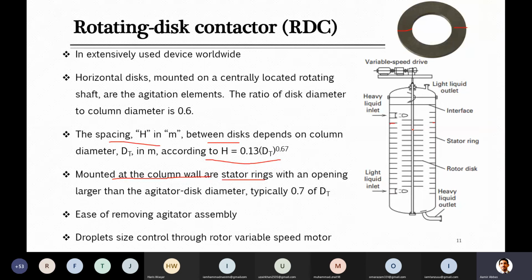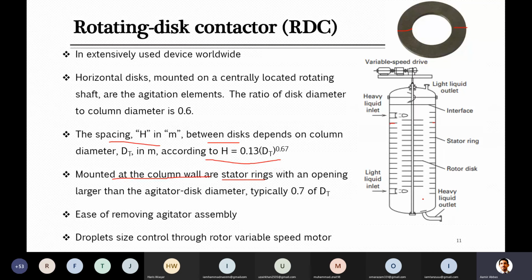So there was emulsion formation. If droplet size decreases to a very low level, in the case of emulsion, you cannot separate or settle them out. At the end of the day, we need the lighter liquid to leave from the top and the heavier from the bottom. If there is emulsion formation, any liquid leaving from the bottom will contain the lighter liquid, because it is trapped in the form of emulsified droplets.